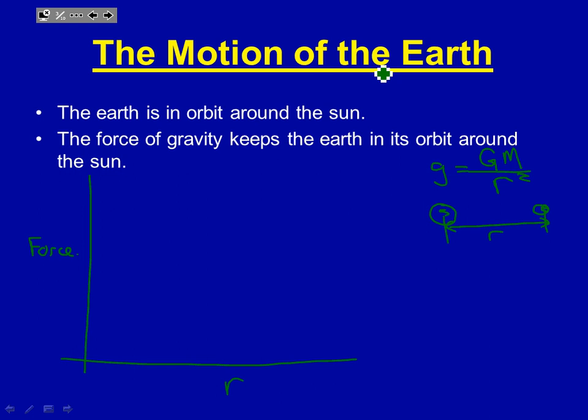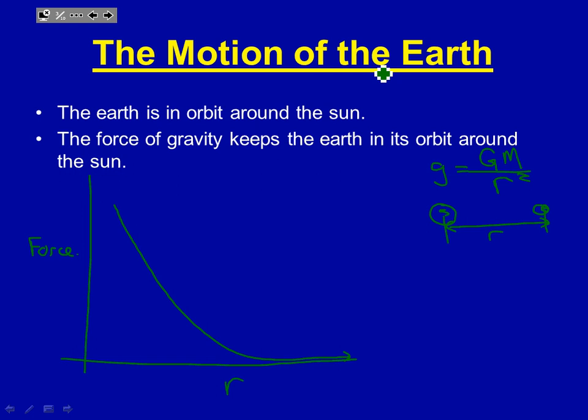It starts up here and it drops off really quickly and goes really low. So it's not linear, all right? It's got a curve to it, and it even drops down as you get further away.